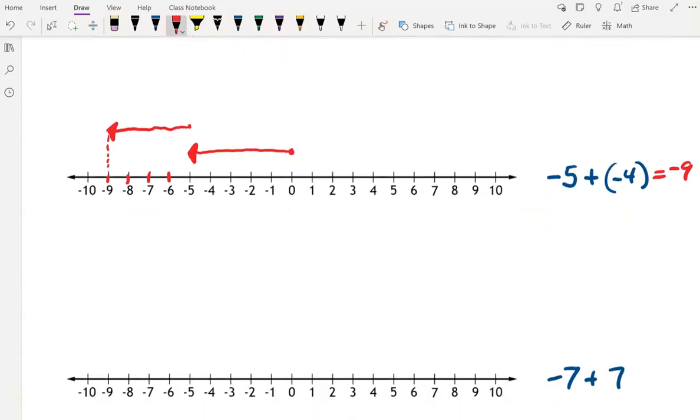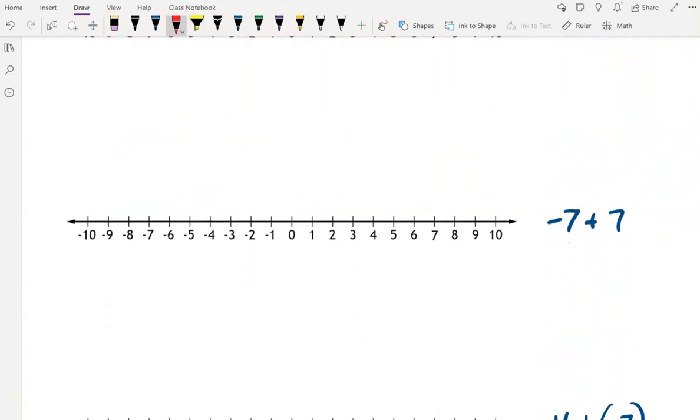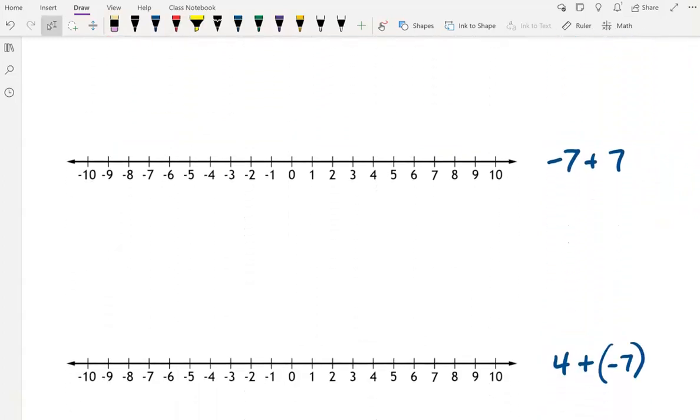Let's move on to the next question. In this example, we are looking at negative 7 plus 7. So by now you're probably figuring out, hey, wait a minute, if we're going to start at negative 7, that means we're actually going to start at 0. We're going to draw an arrow down to negative 7. Okay, now from negative 7, we are going to go up, because we're adding positive 7.